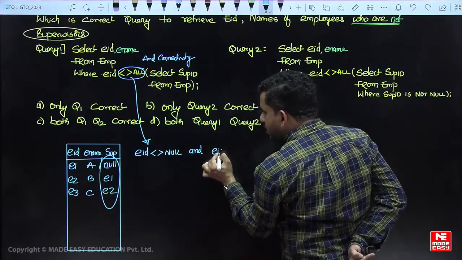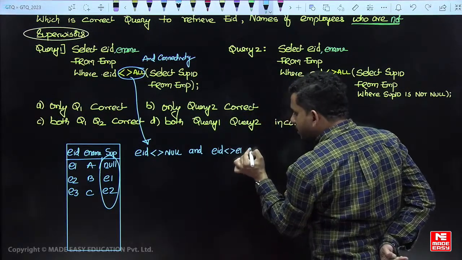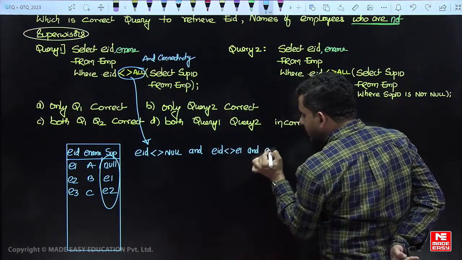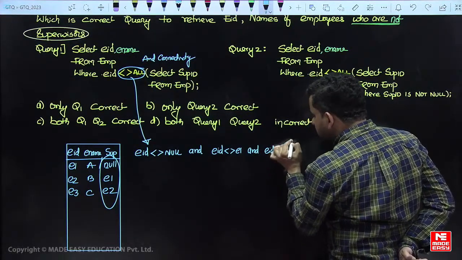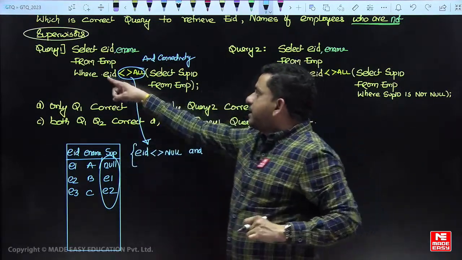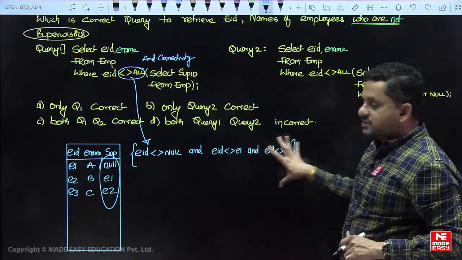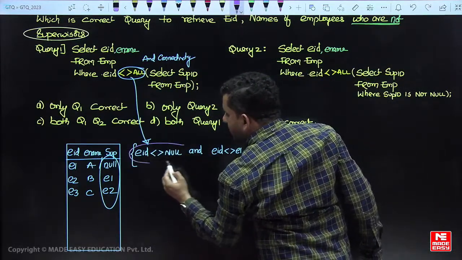So EID not equal to E1, and EID not equal to E2. This is the logical meaning of EID not equal to the subquery result.